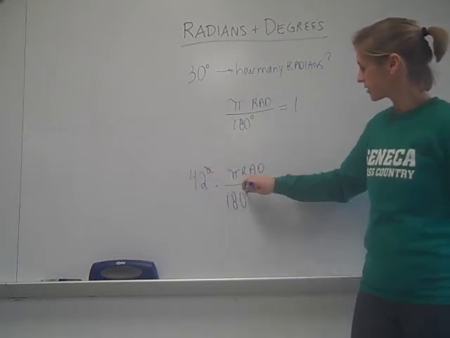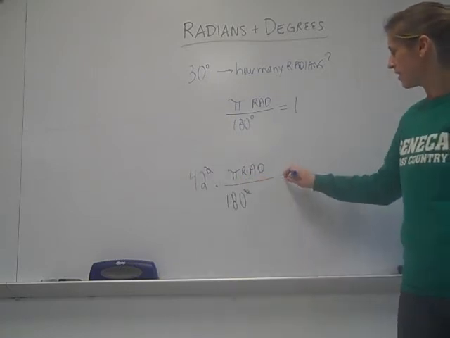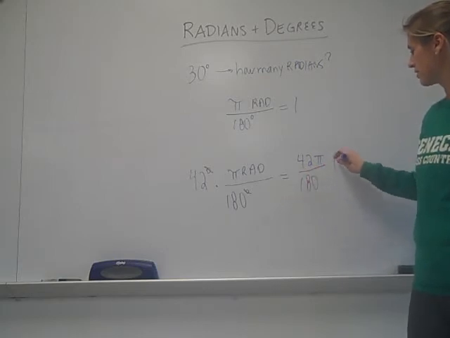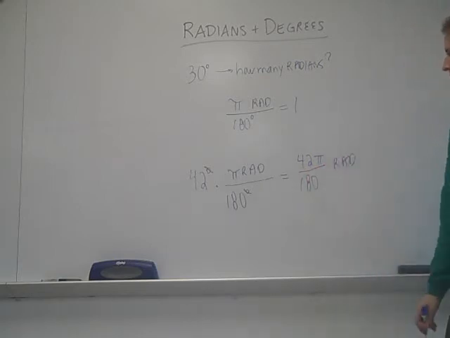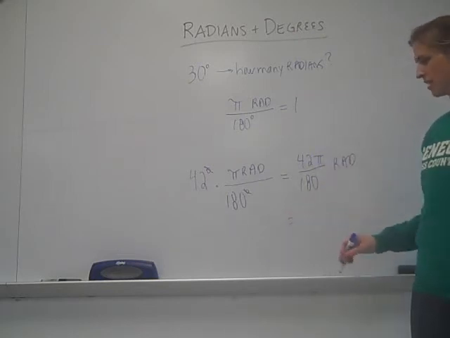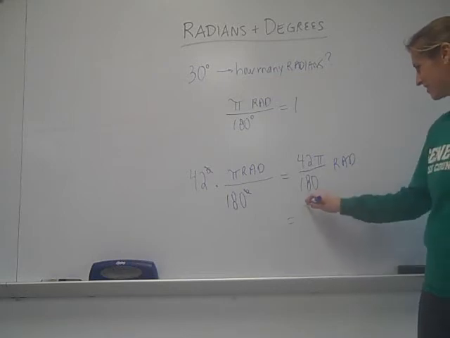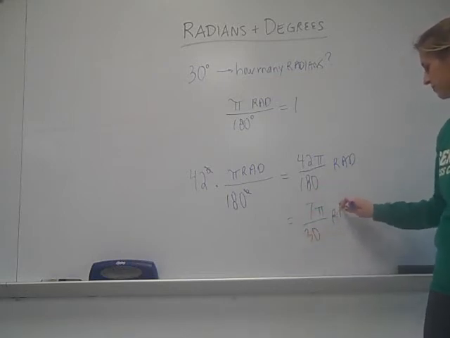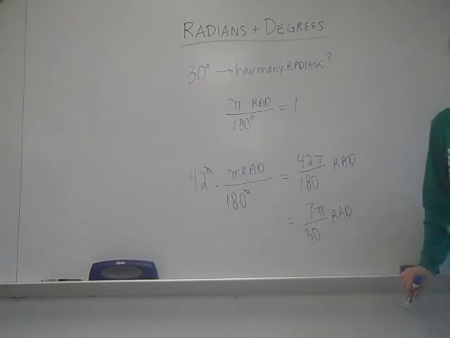The degrees will cancel, and I'll have left 42 pi over 180 radians. I'll reduce it if I can, so this does reduce. 6 goes into it 7 times, and 6 goes into 180 30 times. So 7 pi over 30 radians.